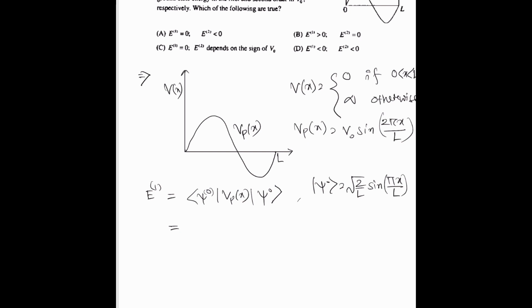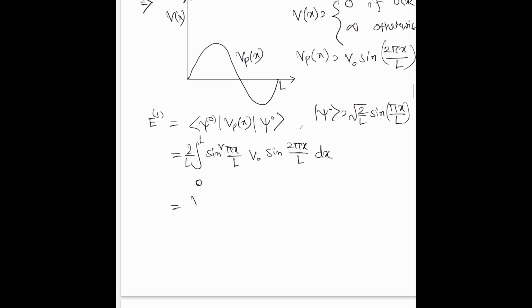So in our case this will be the integration from 0 to L of sine square pi x by L, and V_p(x) is V0 sine 2 pi x by L, and dx. So we'll have to calculate this value.